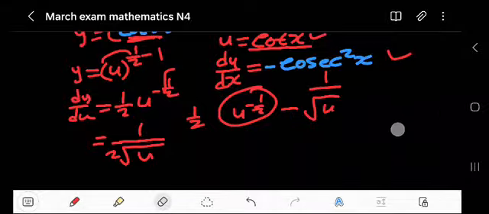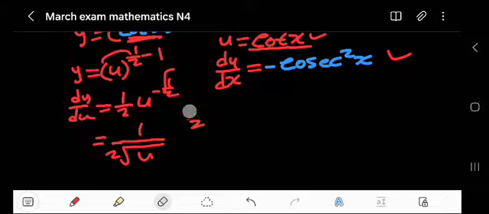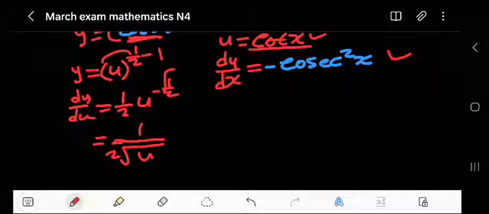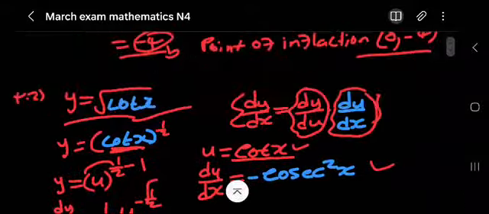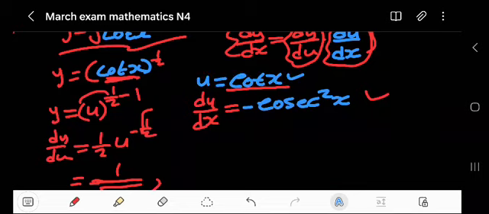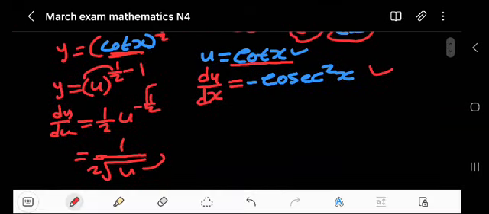But I want you not to forget what u is. From the original, we said let u be equal to cot x. So we can replace u with cot x.